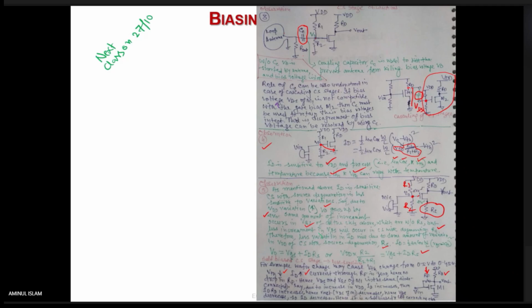Remember that the voltage at the output of the first transistor, that's M1, should be such that it is operating in saturation region. VDS of this should be greater than its VGS minus VT. That condition you have maintained.